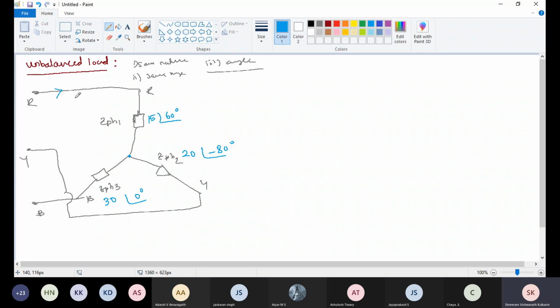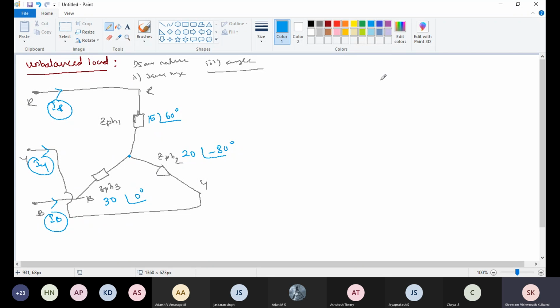So here, if these are three currents, IR, IY, IB, all these IR, IY, IB are not equal due to the difference in their magnitude as well as their phase displacement.